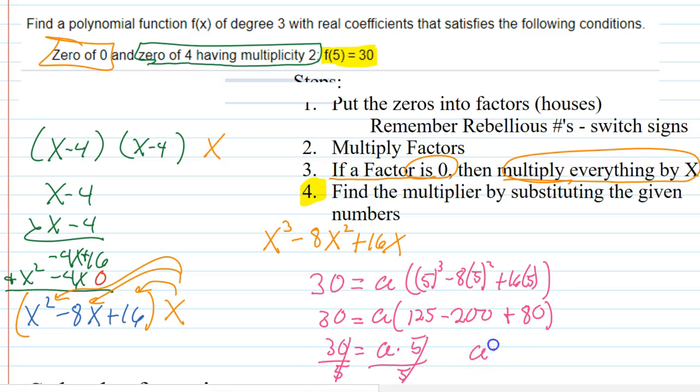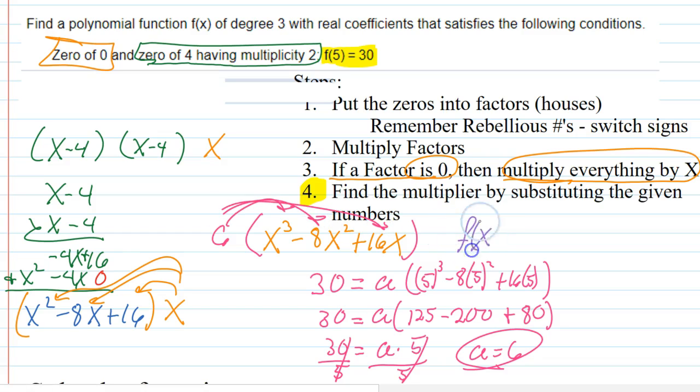That gives us an answer of a is equal to 6. So we're going to take that a is equal to 6, put it in the front, and distribute. That gives us the final answer of f of x is equal to 6x cubed minus 48x squared plus 96x.